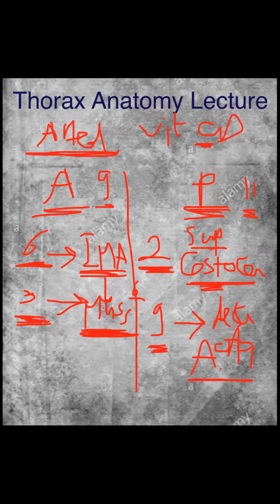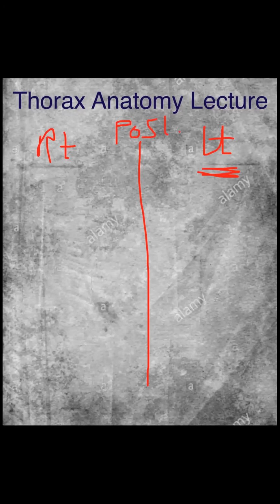Then let's go for venous drainage. To keep it also, I will try to simplify it, but venous drainage is slightly more complex than arterial. Then I have on the right side, on the left side, posterior. I will start with the posterior surface, right and left, because anterior will go through the corresponding artery.